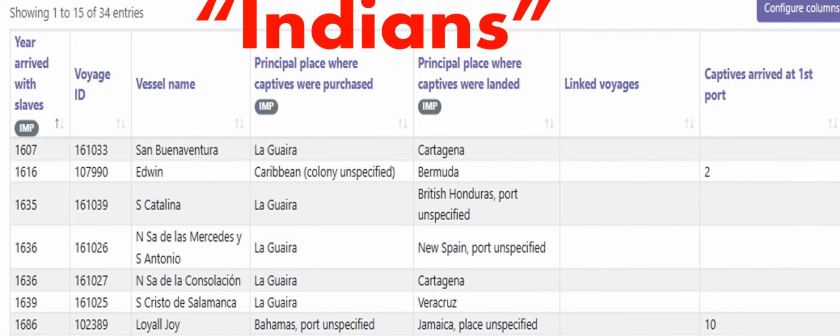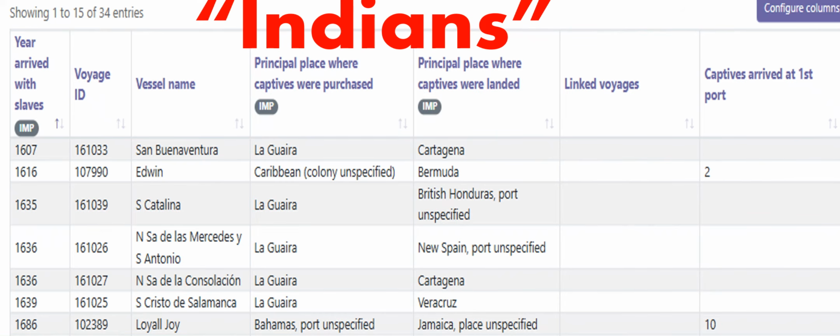And then it continues on. What you might also notice is that the earlier voyages were related to the Spanish slave trade, and then it grows to include other entities.